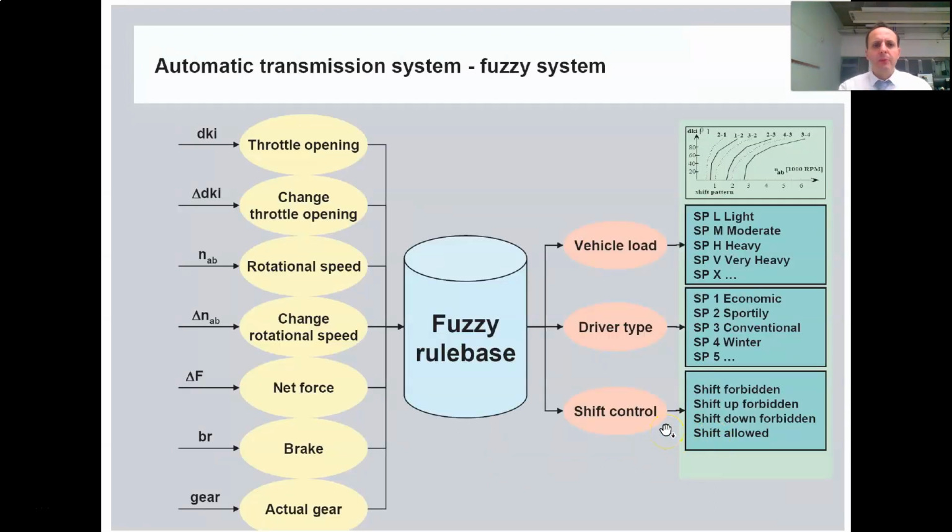So the automatic transmission system can be represented as a fuzzy system depending, for example, on the slope of your road or the opening of the throttle.